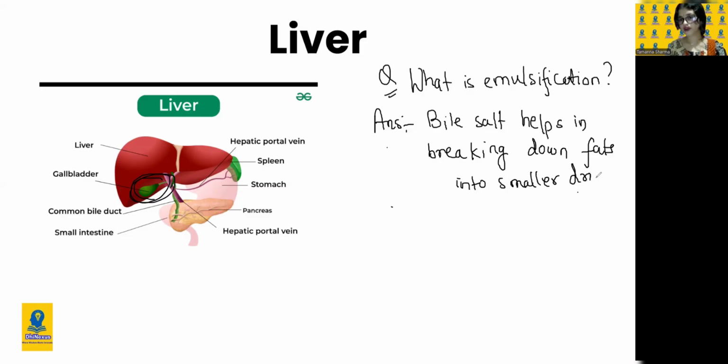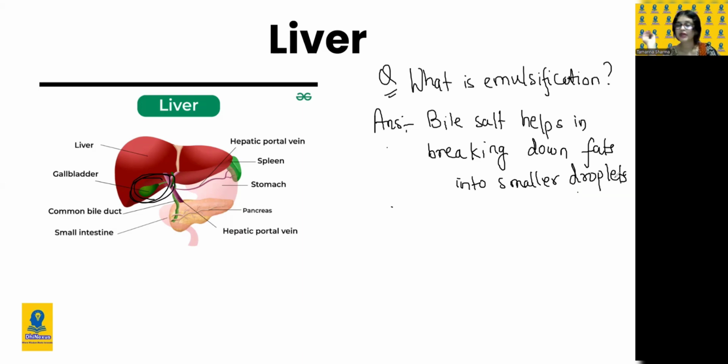Instead of writing globule, you can write droplets also, or you can write globule. Whatever you feel is easier for you, you can write that. So bile salt helps in digestion by breaking down larger, bigger globules of fat into smaller droplets of fat.